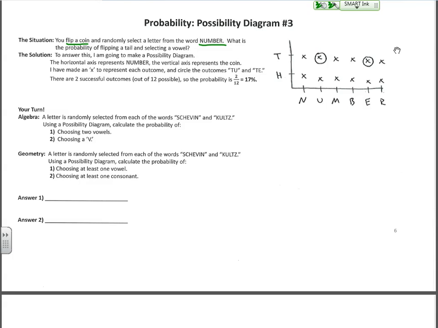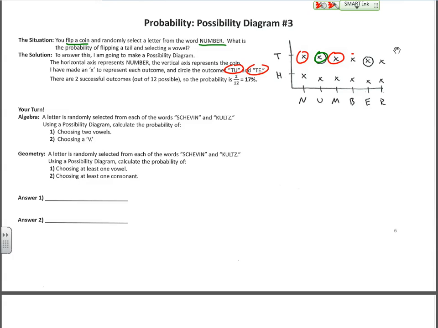We could get a tails and an N. That's unsuccessful. We're looking for outcomes of TU and TE. We could get a tails and a U, which is successful. That's why it's circled there. I'll circle here in green. We could get a tails and an M. Don't want that.